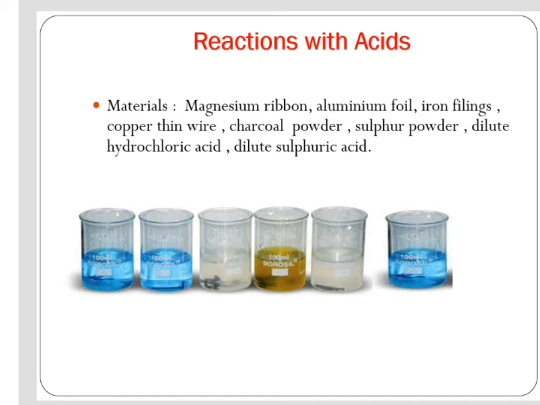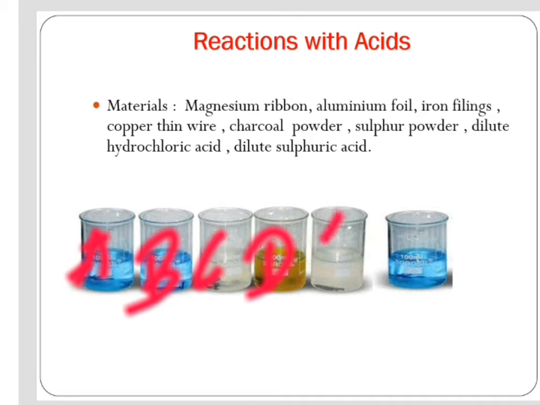Procedure: take samples of metals and non-metals in separate test tubes and label them A, B, C, D, E, F. Okay. Add 5 ml hydrochloric acid in each test tube with a dropper. Okay. Then observe the reactions in the test tube.